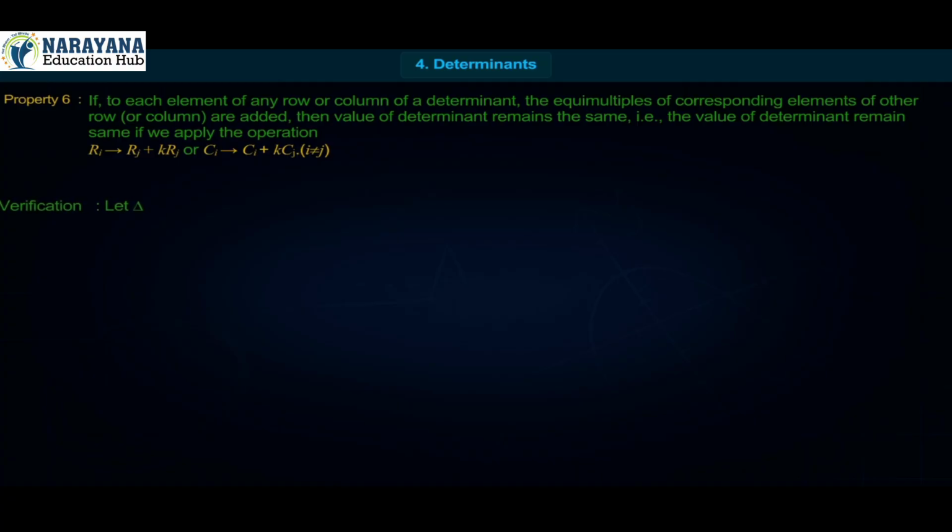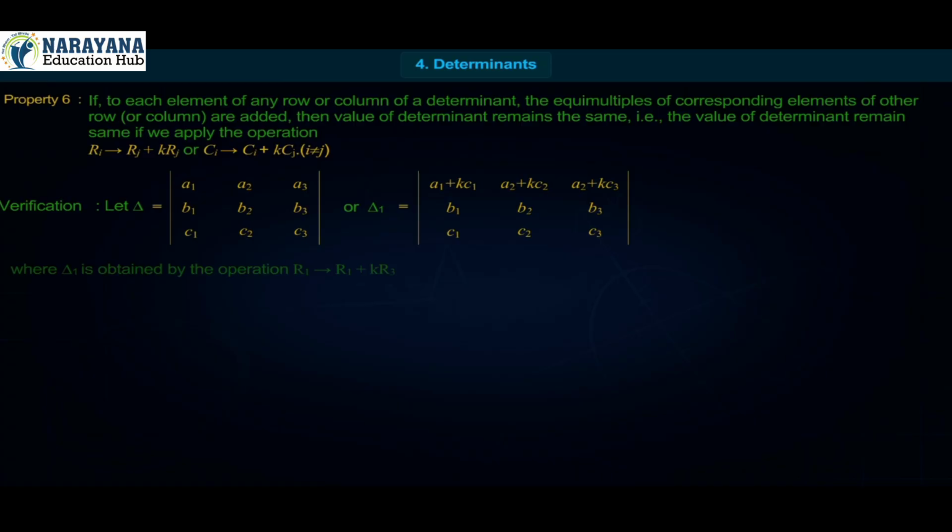Verification: let delta be equal to the determinant a1, a2, a3, b1, b2, b3, c1, c2, c3, and delta 1 be equal to the determinant a1 plus kc1, a2 plus kc2, a3 plus kc3, b1, b2, b3, c1, c2, c3, where delta 1 is obtained by the operation R1 to R1 plus KR3.